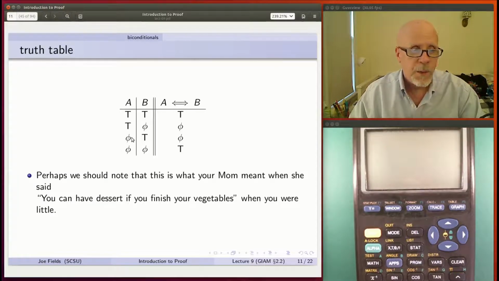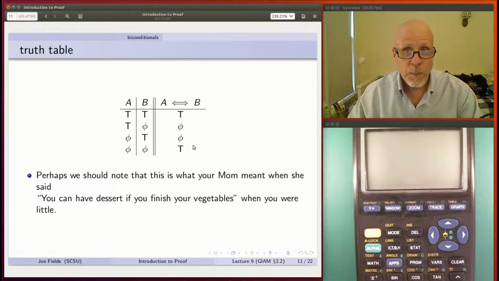If you didn't finish the veggies, but she still gave you some dessert, I wouldn't call her a liar. I might call her soft, but not a liar, because the statement was about what will happen if you finish your vegetables. And when you don't finish your vegetables, you give the speaker the benefit of the doubt. Probably, though, that's not what your mom meant, right?